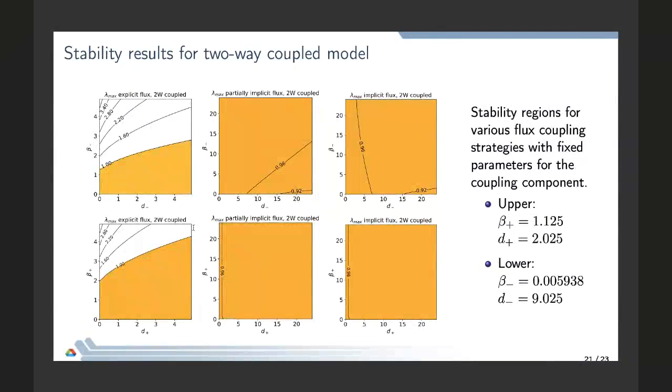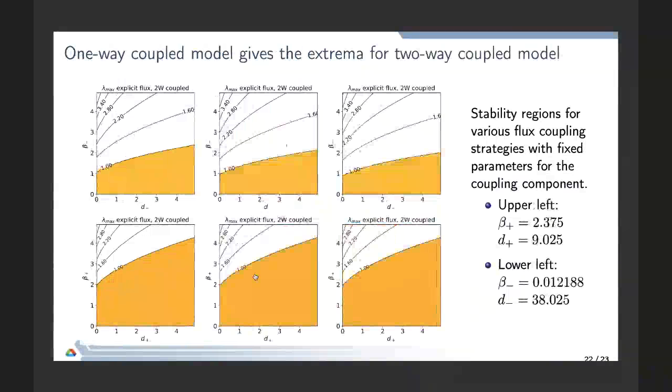They look similar to each other, except that the stability region for the explicit flux coupling is different. If you remember the stability results we showed for the one-way coupled model, you probably noticed that it's quite close to the stability results for the two-way coupled model for the atmosphere. To further confirm this, we tried some different values of beta and d.